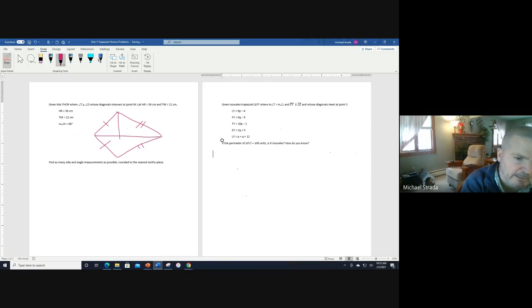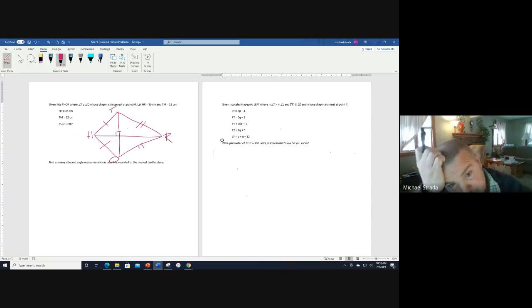They talk about the diagonals, so I draw them in with my right angle. It says angle T is congruent to angle O, so those are our non-vertex angles. And then H and R are the vertex angles. They can be interchanged.